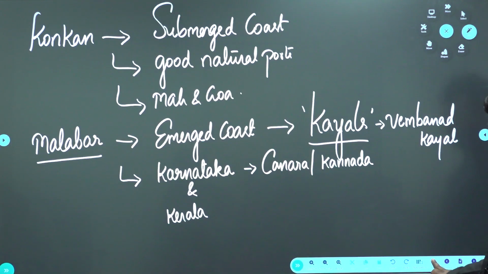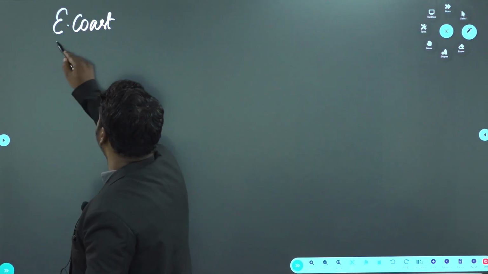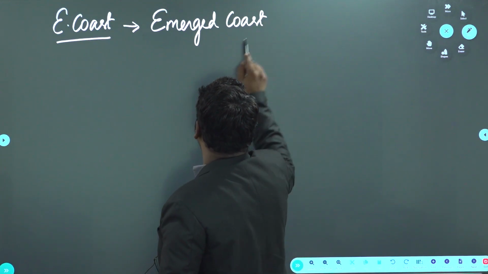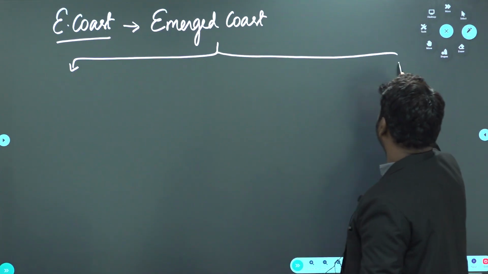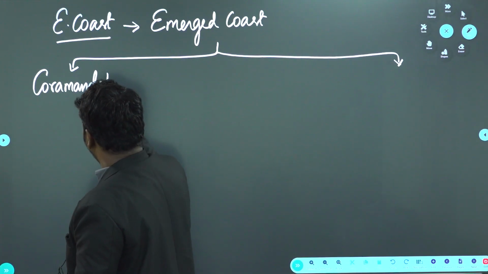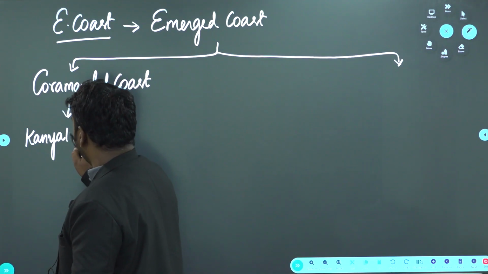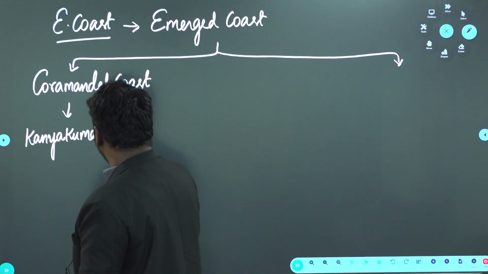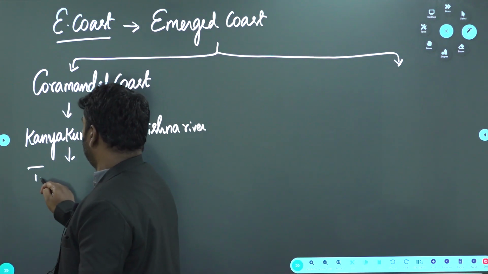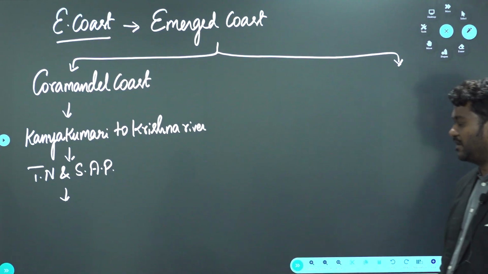Okay, next is the East Coast. What is it? Completely emerged coast. It is split into Coromandel Coast, Kanyakumari to, please remember, Krishna River, Tamil Nadu and southern Andhra Pradesh.